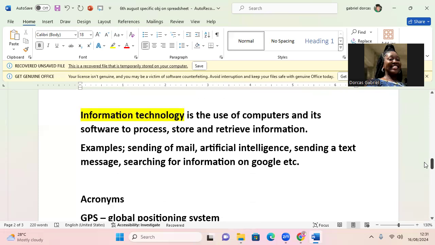IT, which is information technology, is the use of computers and their software to process, store, and retrieve information. For example, when you're sending a mail to your mom. Artificial intelligence, such as when you go to the bank and hear those sounds, going through the door, please take away all metallic objects, that is artificial intelligence imitating human reasoning.